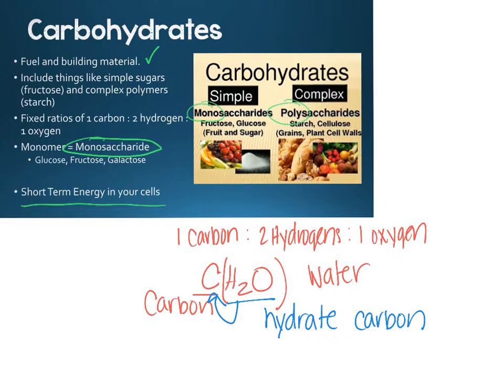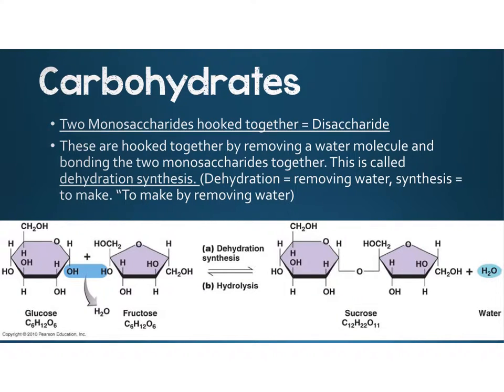to get a carbohydrate. Now let's look at the process of hooking these monosaccharides together. So I've told you that monosaccharides are like the Lego brick of a carbohydrate or a polysaccharide. We take these little monosaccharides and we hook them together, one after another, after another, to make these big molecules.